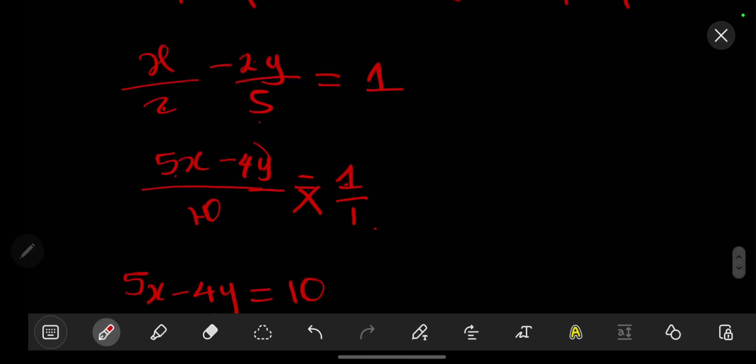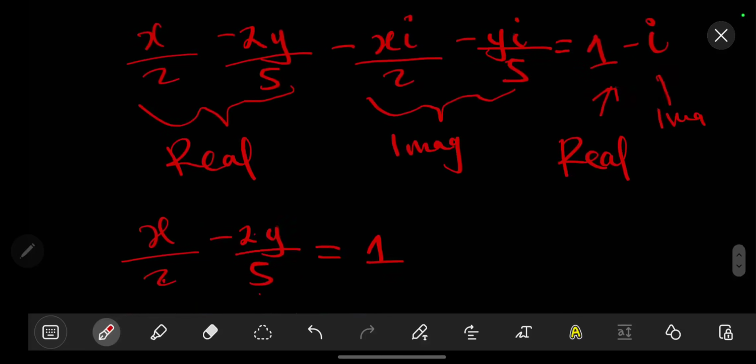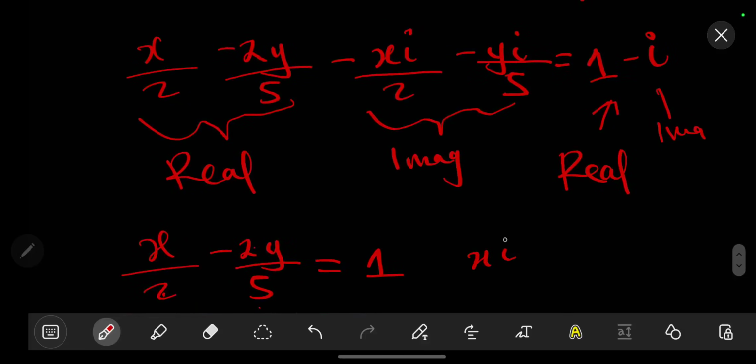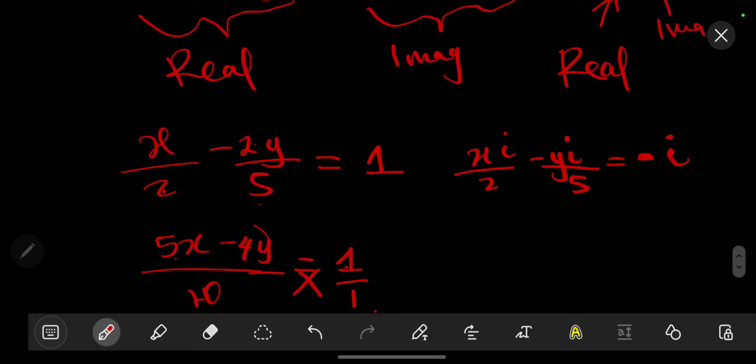Then let's equate the imaginary. So we have xi over 2 minus yi over 5 should be equal to negative i. Same approach, the common denominator is 10. 10 divided by 2 is 5 times that gives us 5xi. 10 divided by 5 is 2 times that gives us minus 2yi, should be equal to negative i.